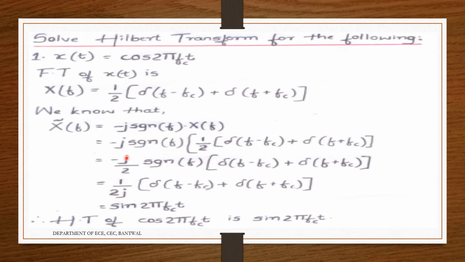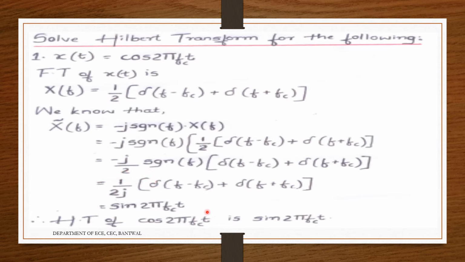There might be a confusion here. What I have done here is multiply and divide by j. So j into minus j: j into j is the square root of minus 1 the whole squared, so I got minus 1, and minus 1 into minus 1 becomes plus 1, so this will become plus. Again, in the denominator it becomes 2j here.